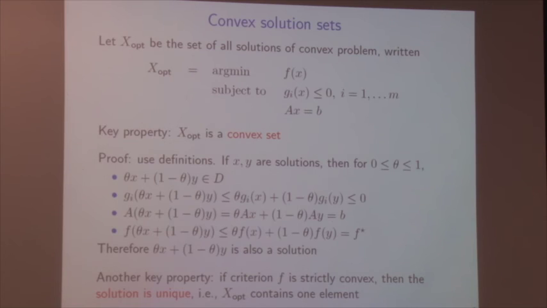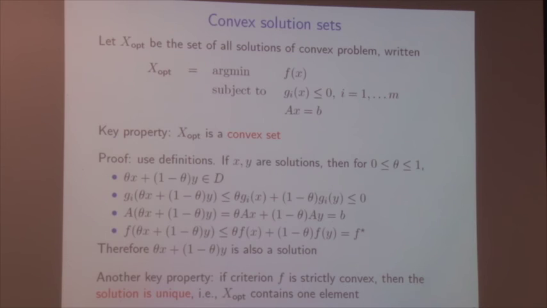So let's talk about the set of all solutions to an optimization problem. This is going to be a convex set. I think the proof is outlined there, but we can go through it bullet by bullet. Firstly, if x and y are solutions, the domain over which we are minimizing is a convex set, so naturally their convex combination is going to be in the set. g is a convex function, so theta x plus 1 minus theta y is going to still satisfy our inequality constraint.